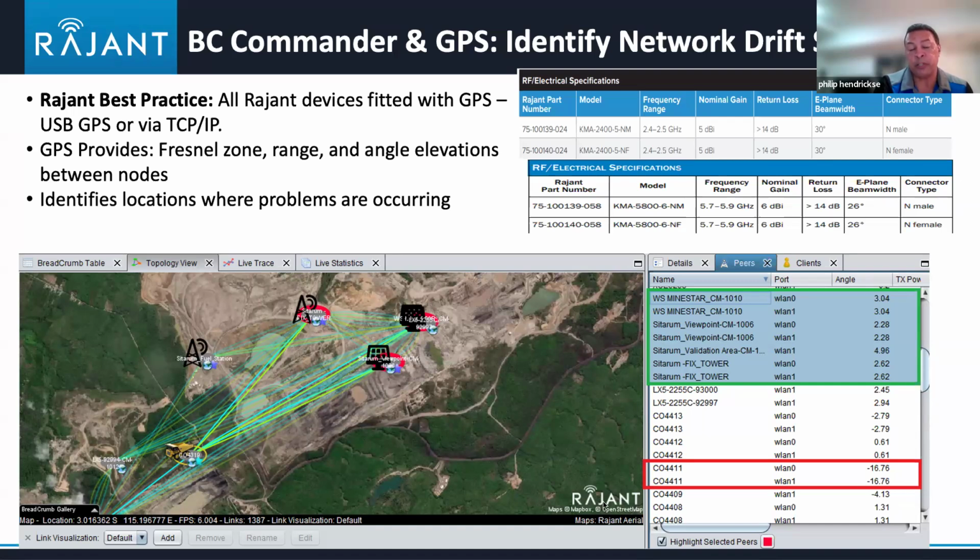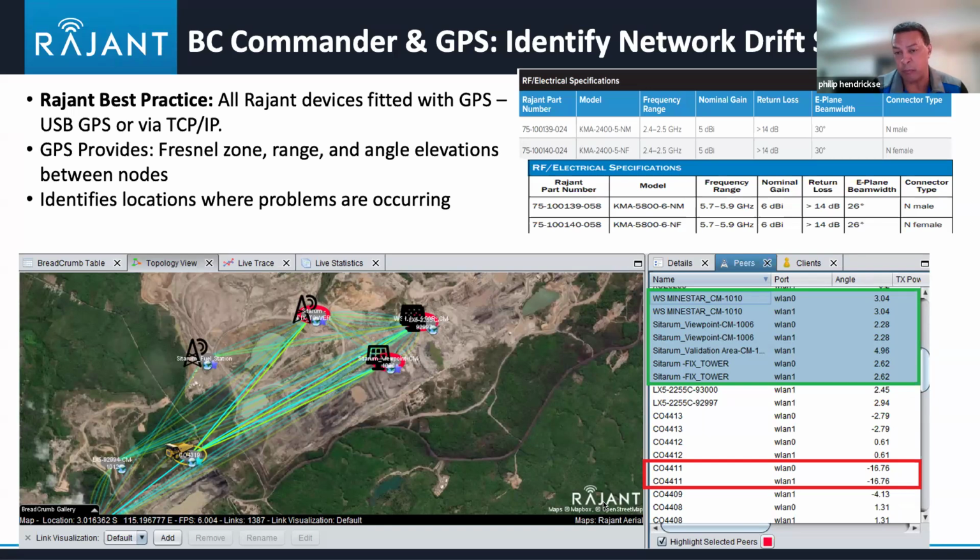In the demonstration in this slide deck, you'll see the topology view. I've selected a truck, and the three highlighted nodes with the red circles around them happen to be some infrastructure. Using the GPS locations of all of those devices, we can look at the peers table and see the angle of either elevation or depression of the truck with respect to those infrastructure nodes.